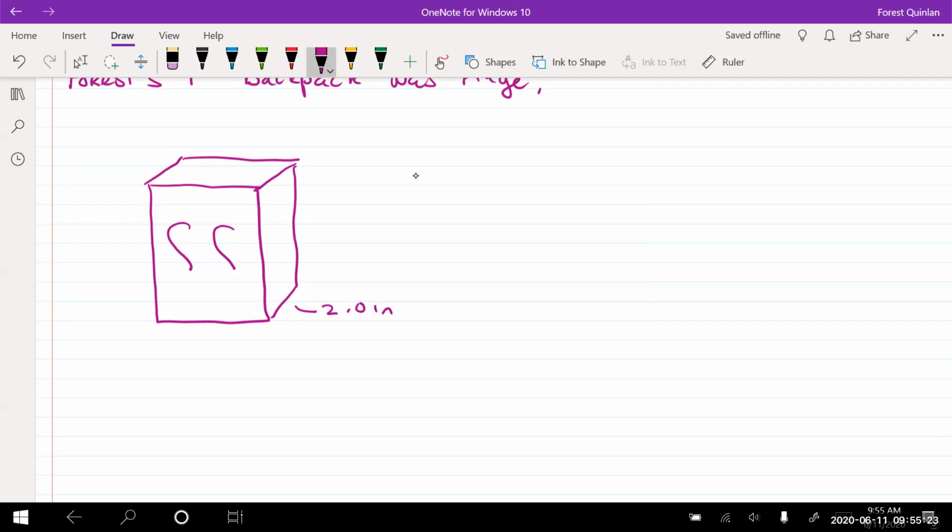It was 2.0 inches deep. It was 13 inches tall. And it was 8 inches wide. Are these real measurements? Yeah, these are real measurements. I took out a ruler. Seriously, I thought it was bigger than this.